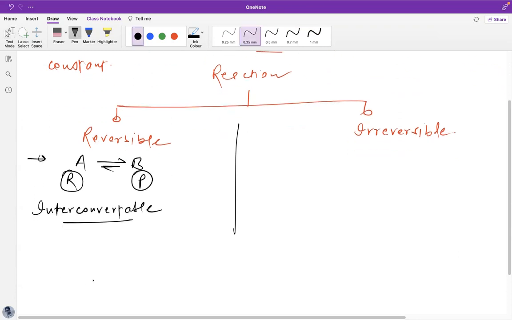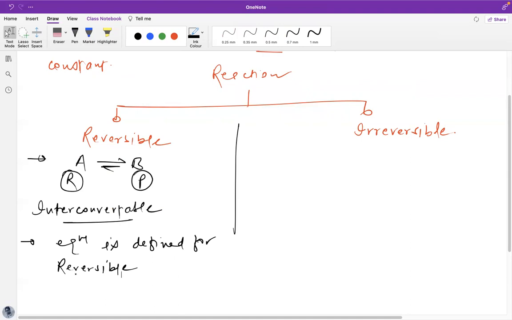And second point is, equilibrium is defined for reversible reactions. And third point is it is carried out in a closed container.